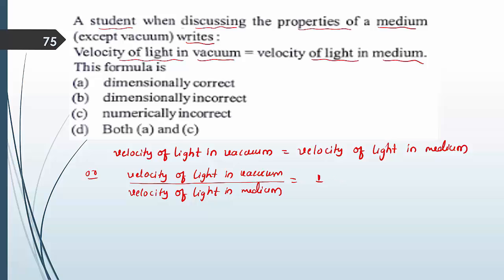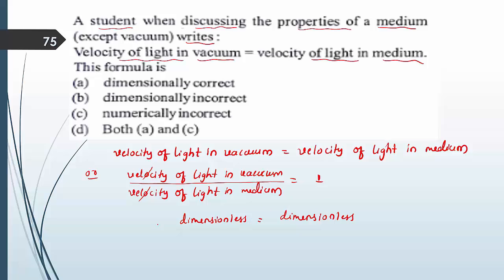Velocity divided by velocity will get cancelled, that may be any medium. So LT⁻¹ and LT⁻¹ will get cancelled. So this is dimensionless. Come to the RHS side, it is a number. Number is also dimensionless. So that indicates this formula is dimensionally correct because on both sides it is dimensionless.